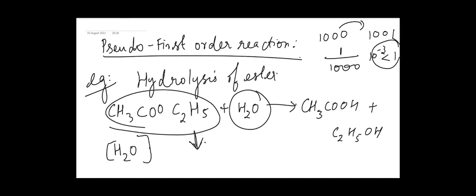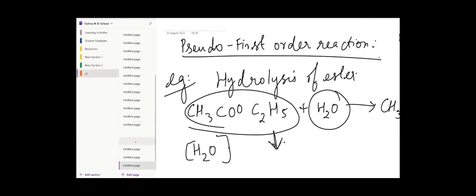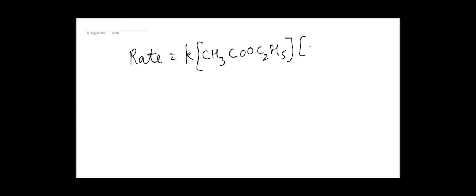So the change in concentration of ester becomes significant in this reaction. So now usually we write the rate law equation for this reaction as rate is equal to some K times the concentration of this ester into the concentration of water.